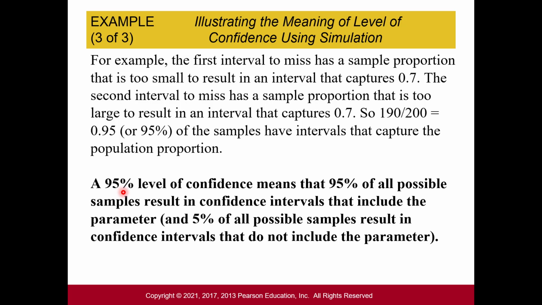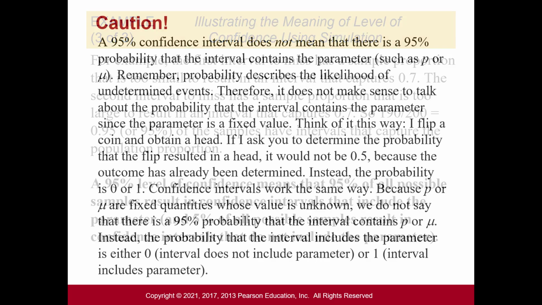So a 95% level of confidence means that 95% of all possible samples result in confidence intervals that include our parameter. In this case, it was 0.7. And only 5% of the samples result in a confidence interval that doesn't include that.